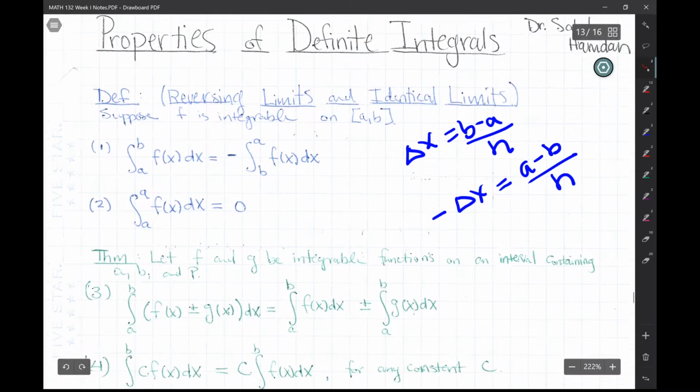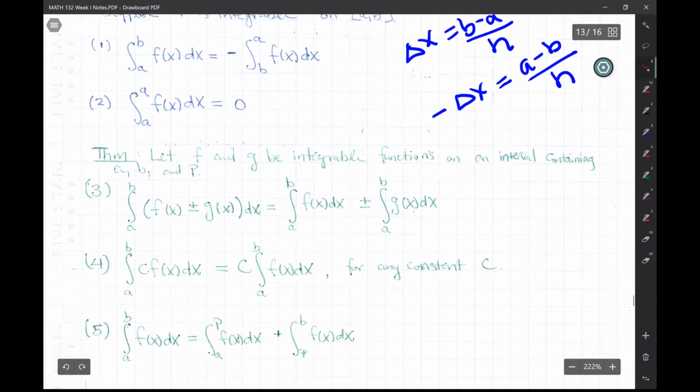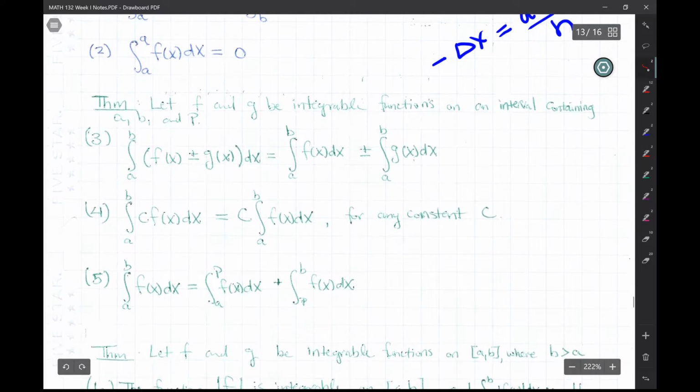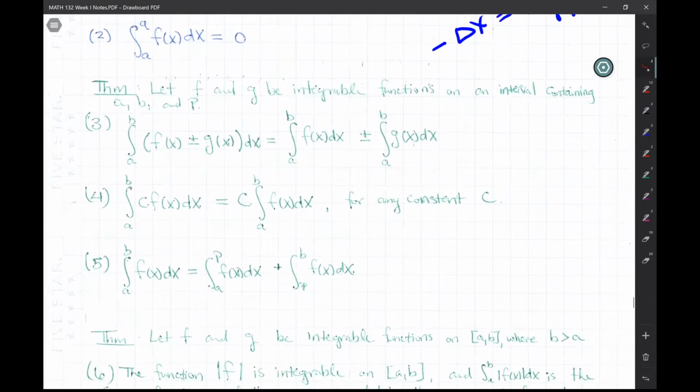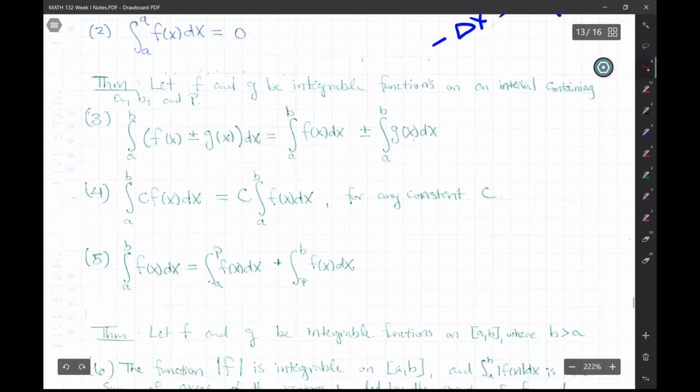In doing so allows us to now derive some interesting theorems. So let f and g be integrable functions on an interval containing a, b, and p. And we don't make any statement on the ordering of these, whether a is larger than b or p. Just some interval, and that interval includes a, b, and p.